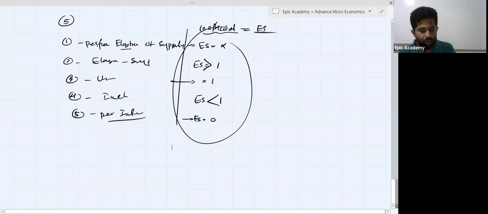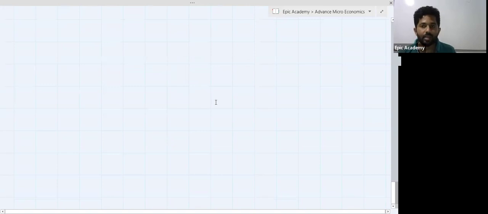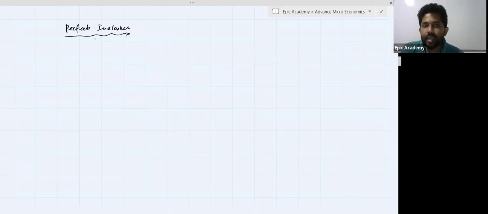First of all, we are going to discuss perfect inelastic supply. Perfect inelastic. When you hear that word, perfect inelastic, then you have to realize that perfect inelastic means there is no response from the quantity of supply relative to the change in the price.